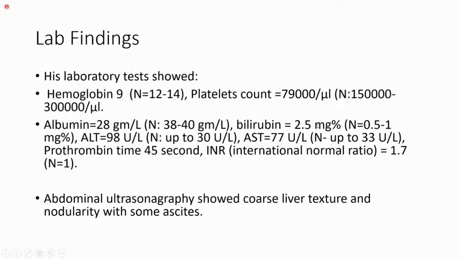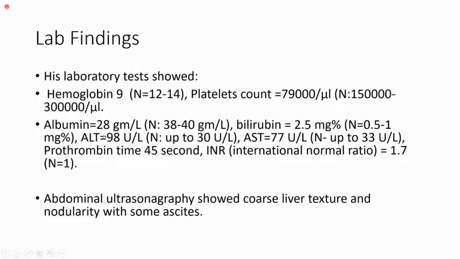Bilirubin is 2.5, normally between 0.5 and 1. ALT is 98, also elevated, up to 30 is normal. AST is 77, up to 33 is normal. Prothrombin time is elongated at 45 seconds, and the INR, international normalized ratio, is 1.7 times the normal.